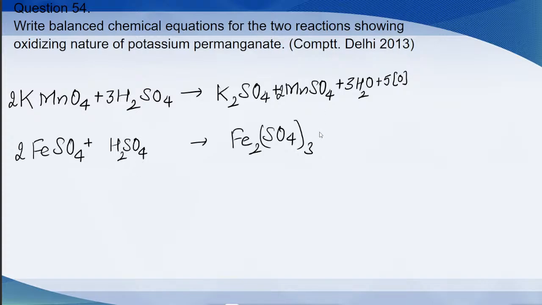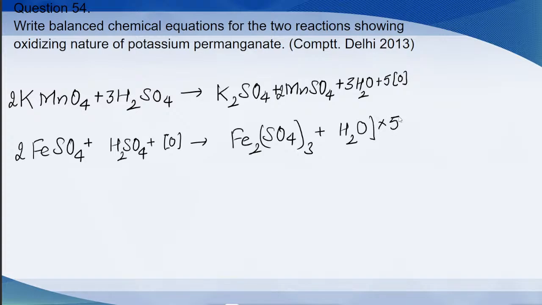So to balance these hydrogens, add water. See, 2 iron, okay. Sulfate, total 3. 2 SO4 here, 1 SO4 from H2SO4. So 3, okay. H2O, so add 1. Nascent oxygen, in this way it is balanced.